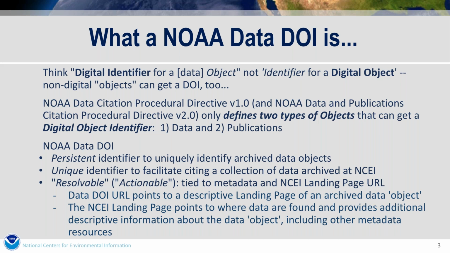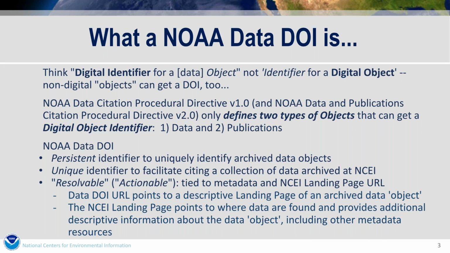So we want to be sure that we're thinking in terms of data DOIs, just as with publication DOIs, as a persistent identifier to some unique thing that is a digital object most of the time, and that is actually archived at NCEI. That's one characteristic of the data DOIs.